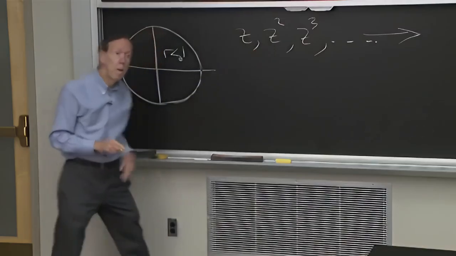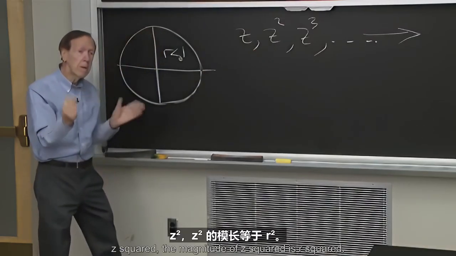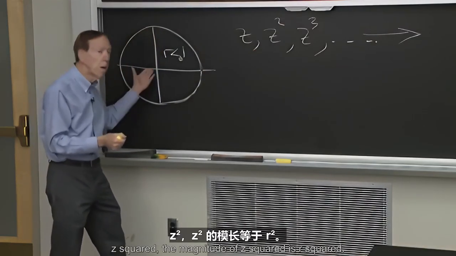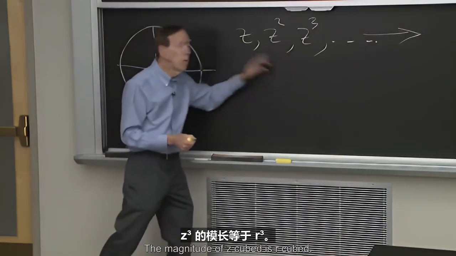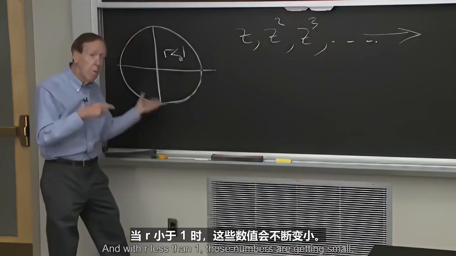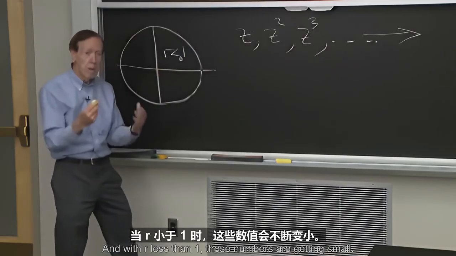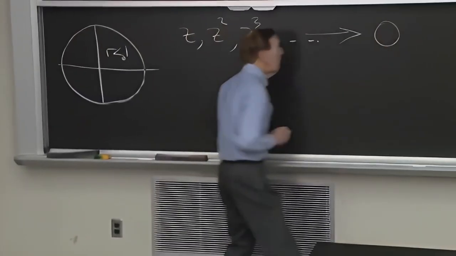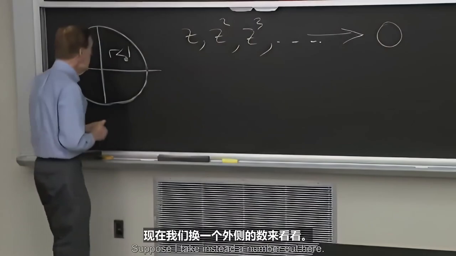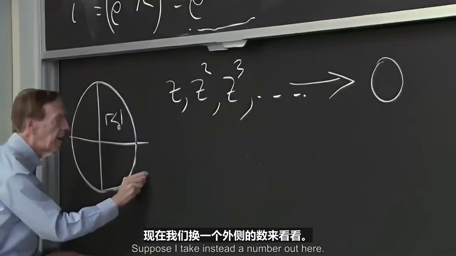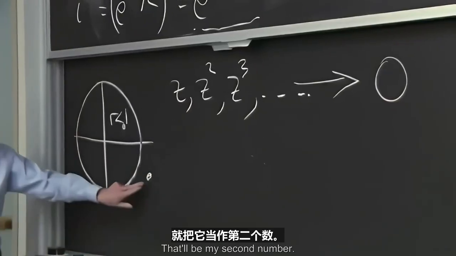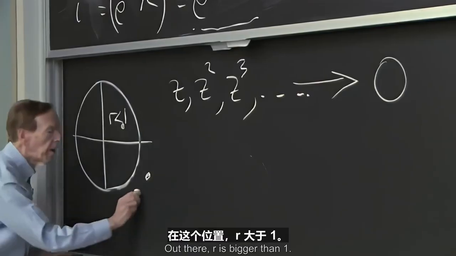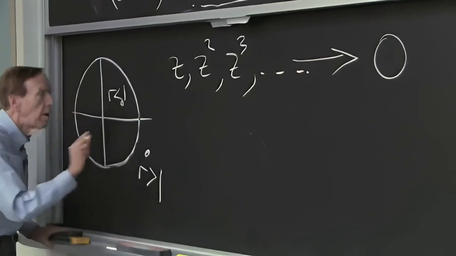Then what about z squared? The magnitude of z squared is r squared. The magnitude of z cubed is r cubed. And with r less than 1, those numbers are getting small. My conclusion here is that that goes to 0. Suppose I take instead a number out here. That'll be my second number. Out there, r is bigger than 1.